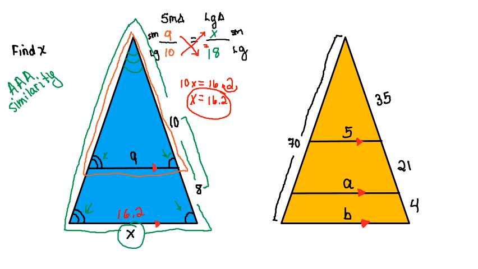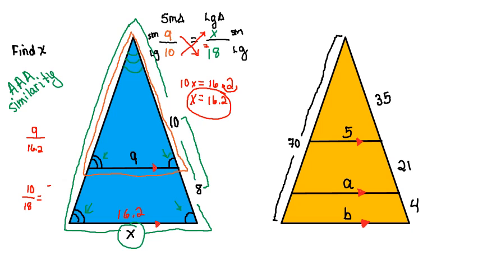And you can find the scale factor from the small to the large, and it would be the same thing as the 9 over the 16.2. We just match them up, where it would be the 10 over the 18. I think the 10 over the 18 might be a little easier to simplify, although you can just try it with your calculator.